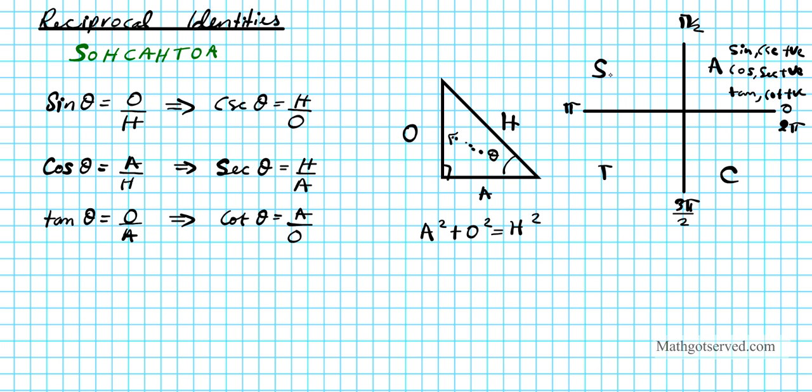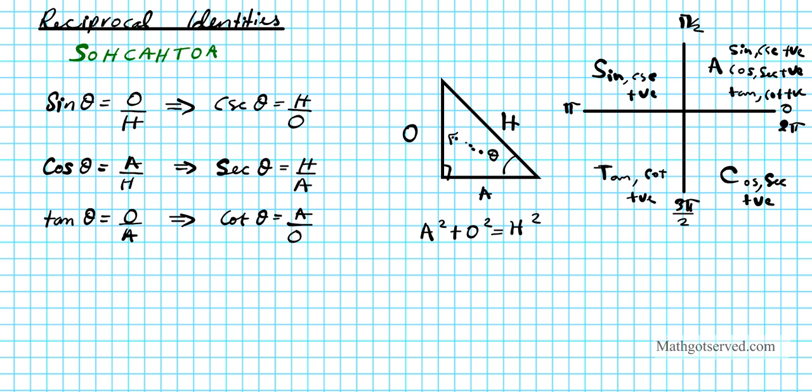S means that only sine and its reciprocal cosecant are positive here. T means that only tan and its reciprocal cotangent are positive here. And C means only cosine and its reciprocal secant are positive. Everything else is negative. So if we have an angle in any of these quadrants that do not match, that trig function is negative.